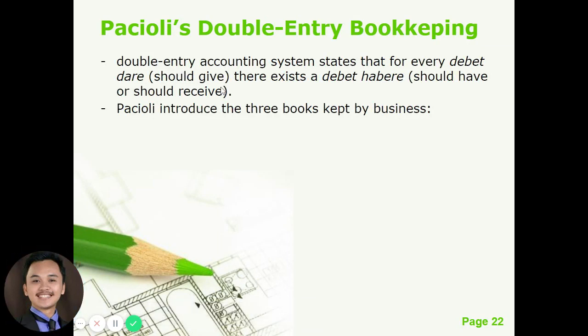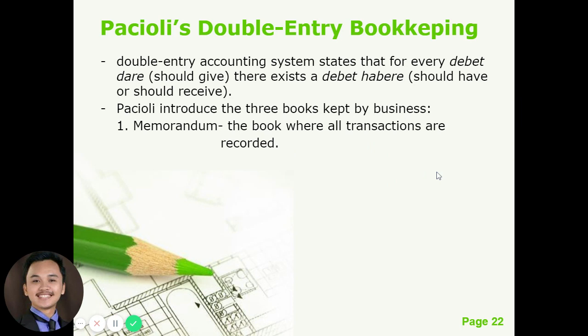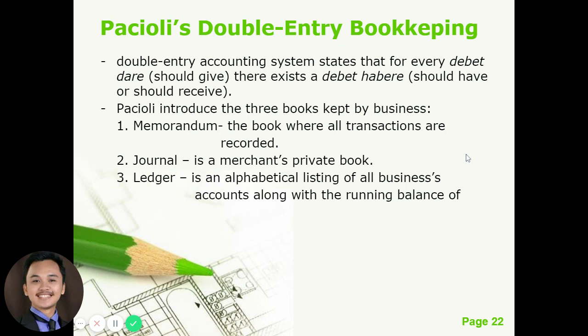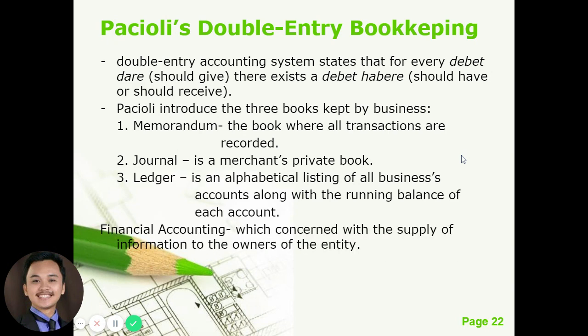So in every debit, there constitutes a credit. Pacioli introduced the three books kept by business. First, we have the memorandum, the book where all transactions are recorded. The second one is the journal, a merchant's private book. And the third one is the ledger, an alphabetical listing of all the business's accounts along with the running balance of each account.